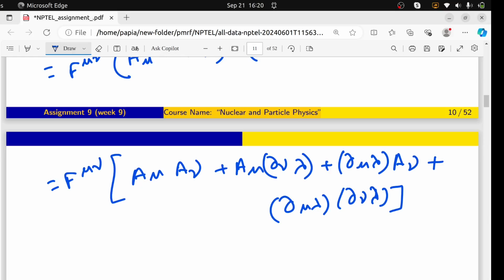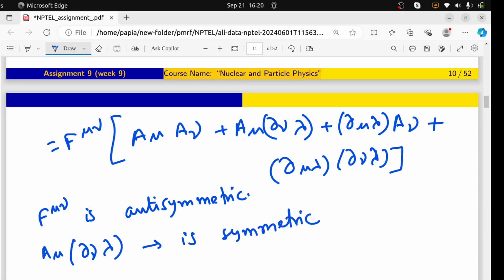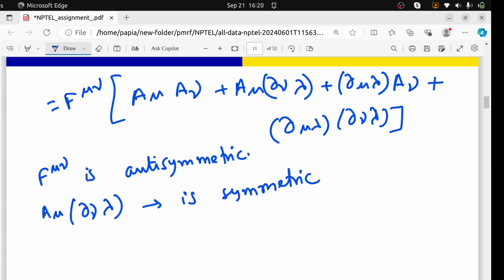Now one thing is that F_μν is antisymmetric but A_μ ∂_ν λ is symmetric. So what does this mean? This means that if I write here A_μ ∂_ν λ, that can be ∂_ν λ A_μ.